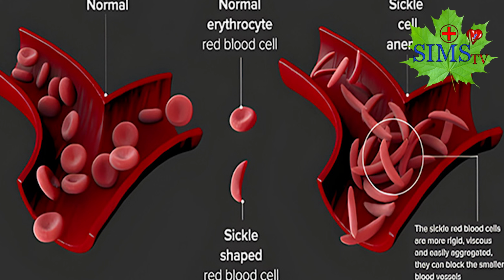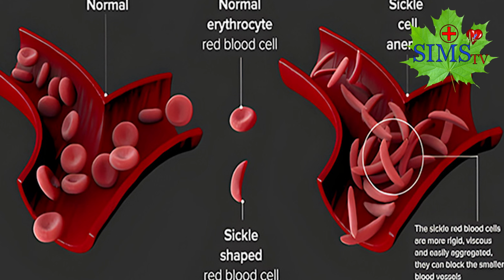Actually, the RBC should be round, like a small plate. In sickle cell anemia, the RBC becomes sickle shaped and will be damaged within 10 to 15 days. If the RBCs are damaged early, the patient will get anemia along with the jaundice. So this is called white jaundice.